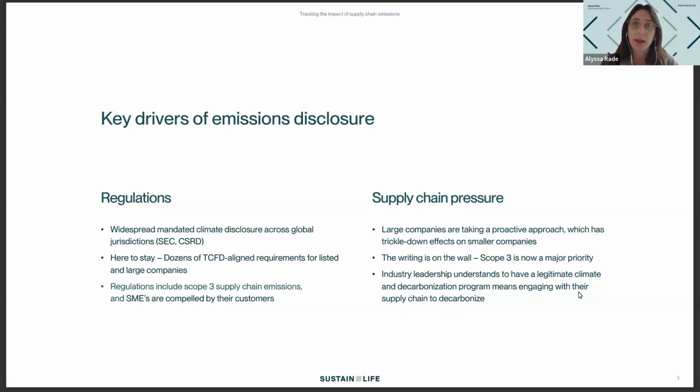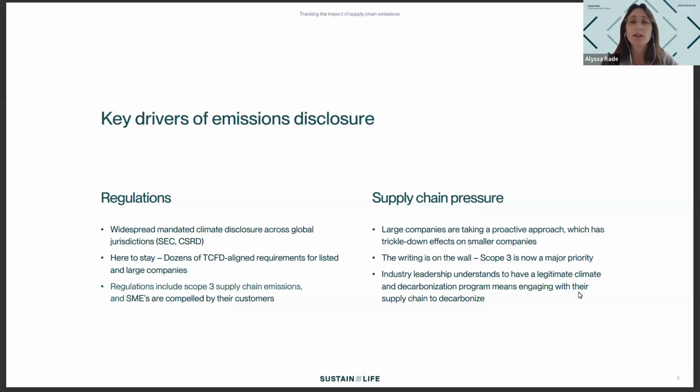So let's talk about that supply chain pressure for a little bit, right? Many of the customers here, the large companies, they're not waiting for the final SEC rule, right? They are driving forward with decarbonization in their supply chain and understanding what those emissions are from their key suppliers. I'll say again, like the writing's on the wall here, right? We're not waiting for the legislation.